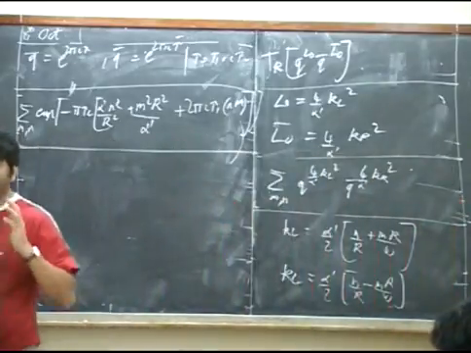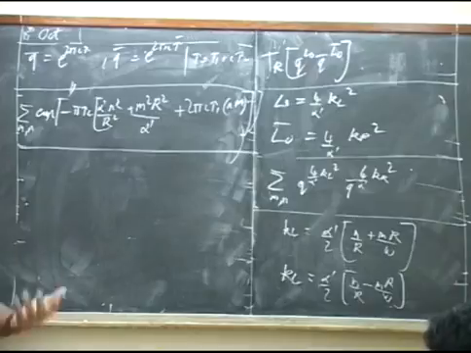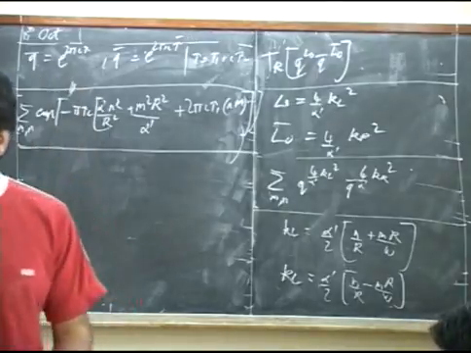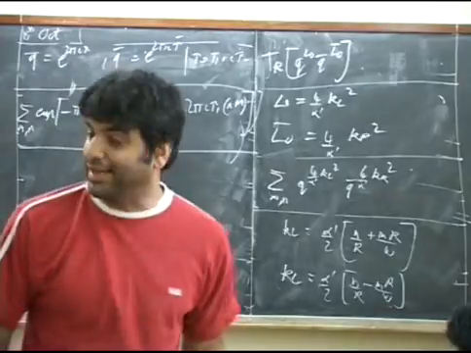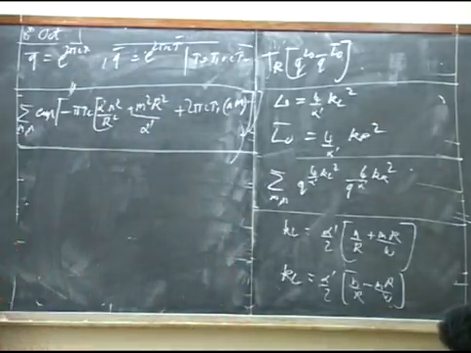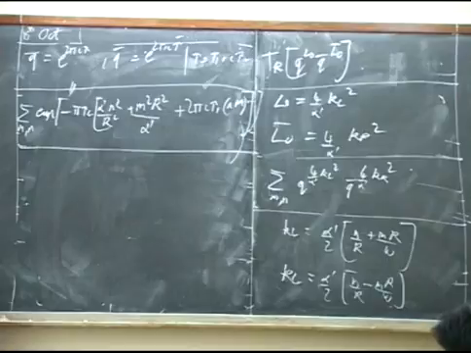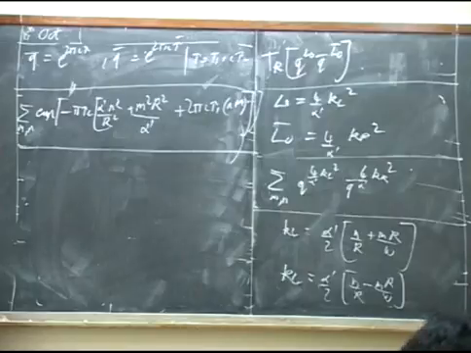Firstly, mod eta squared by itself is not modular. It needs an extra factor of square root of tau 2, exactly. Square root of tau 2 into mod eta squared is modular. So first we need a factor of that somehow, and then the sum has to be modular as well, and it's far from clear that that's the case.